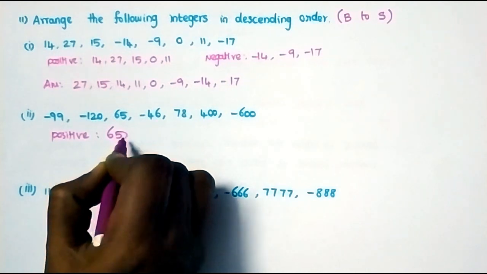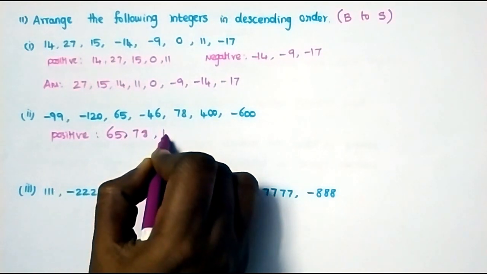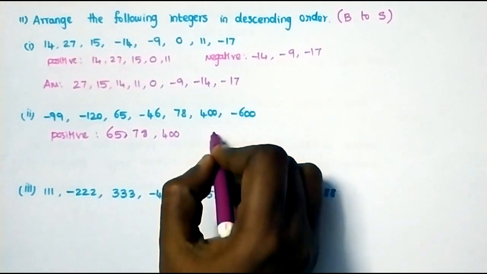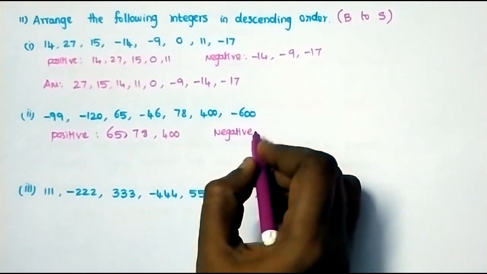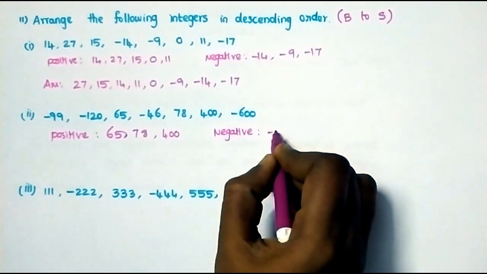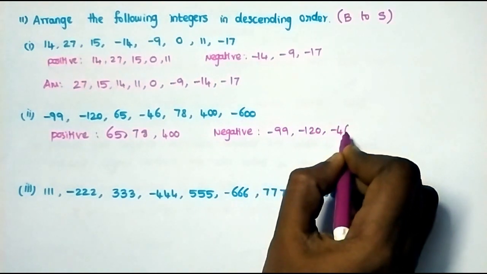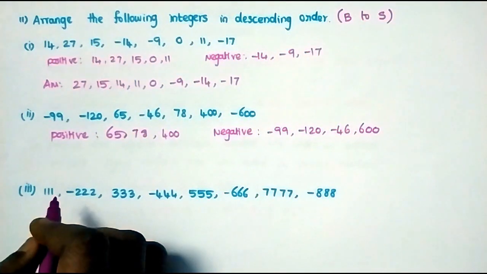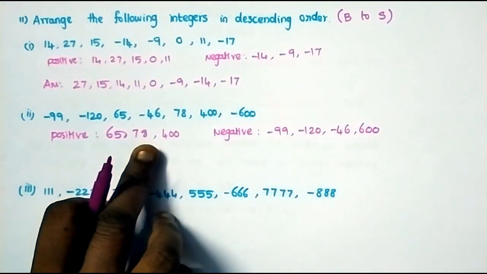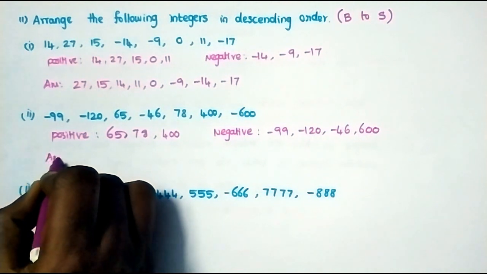Next one, write down the positive integers here: 65, 78, 400. Next negative: minus 99, minus 120, minus 46, minus 600. Next one, answer.